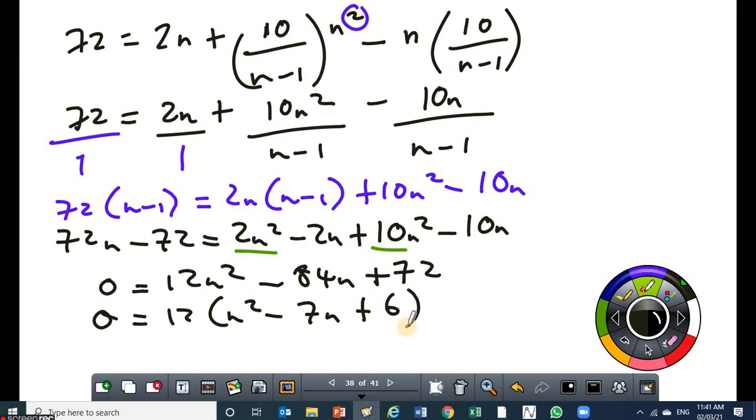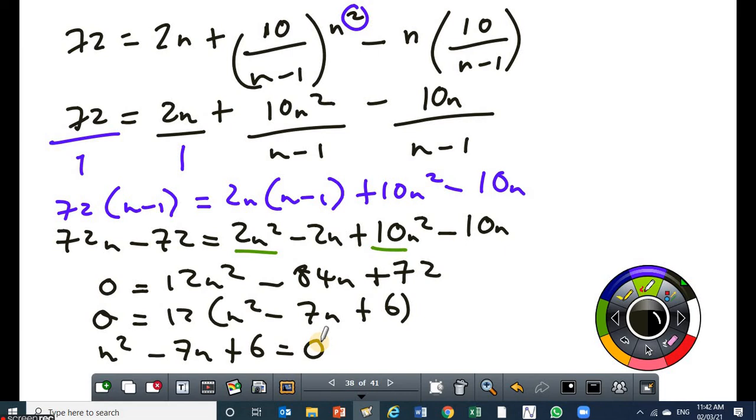The reason I'm factorizing is because it will make it easier to simplify. If I work with very large coefficients, it makes it more complicated. So we end up having n squared minus 7n plus 6 equal to 0.